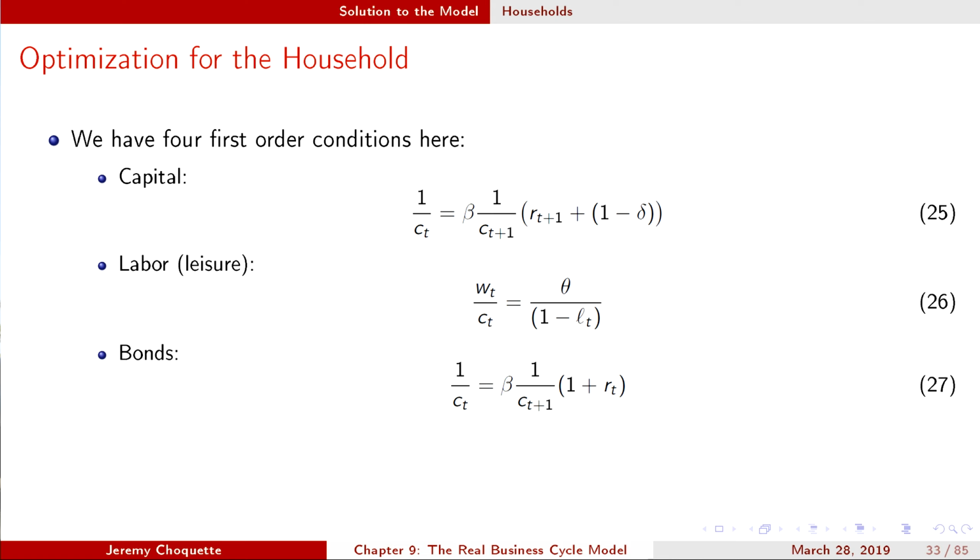Otherwise you'd be like, why would I buy any capital whatsoever? If I buy capital, the return that I get is reduced by that rate of depreciation, delta. But if I buy bonds, nothing is being reduced by delta. You have to look at the time subscripts.